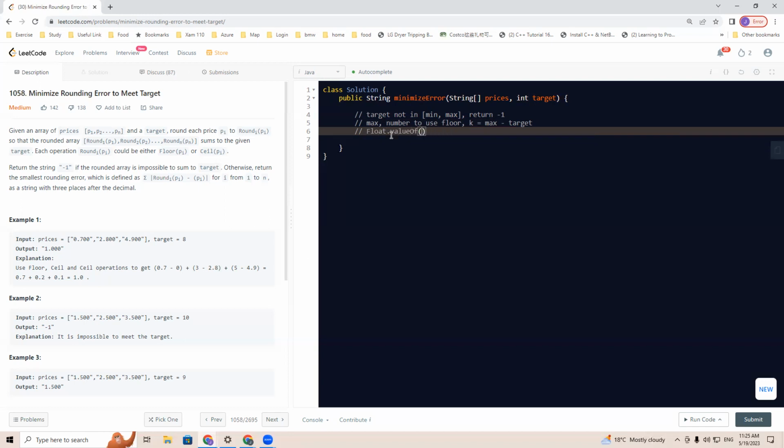For example, the price, convert this to a float, and then we can use a double, double type equals Math.ceil of this float.